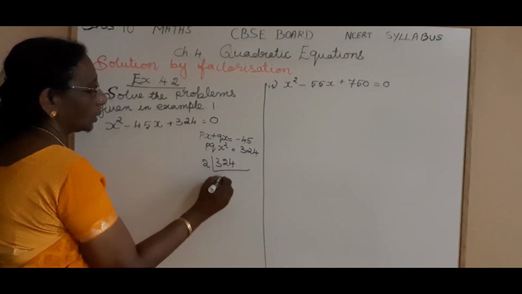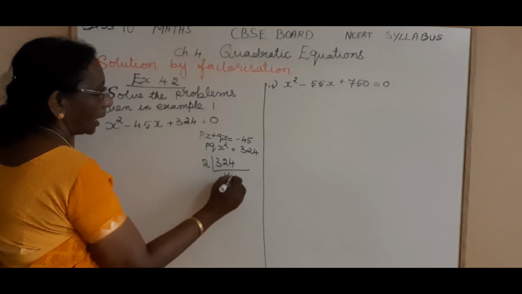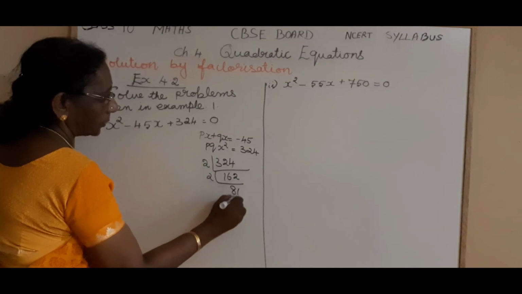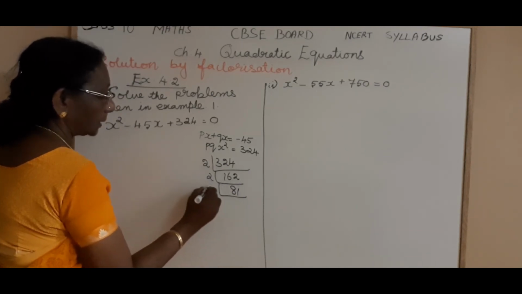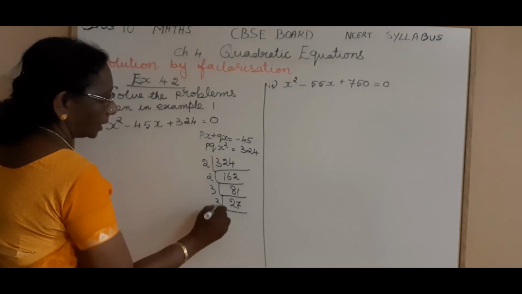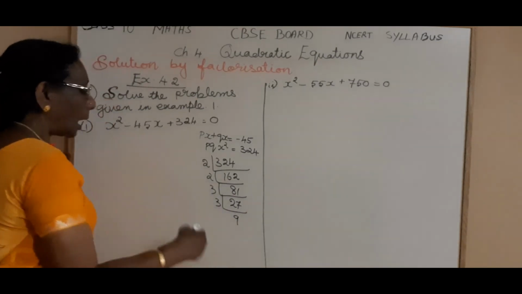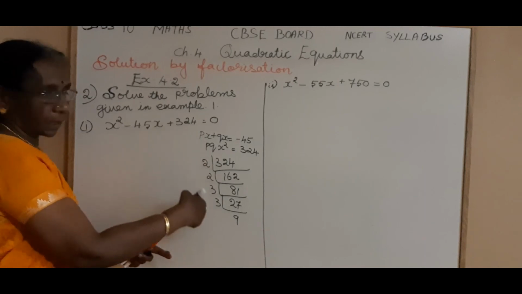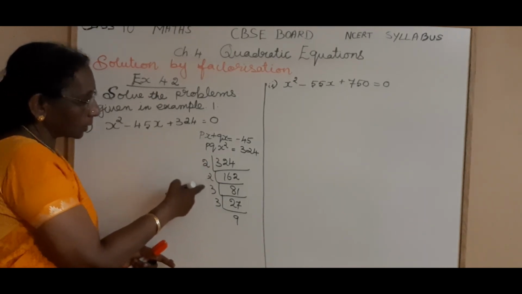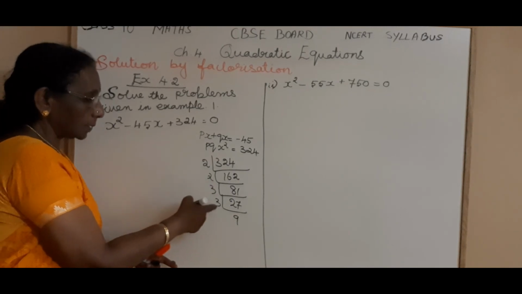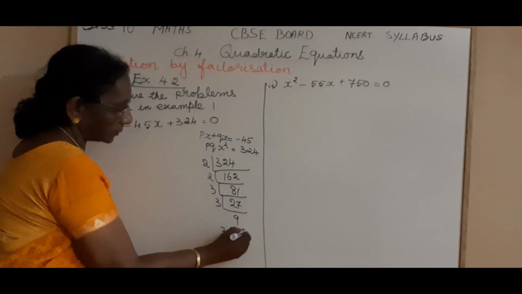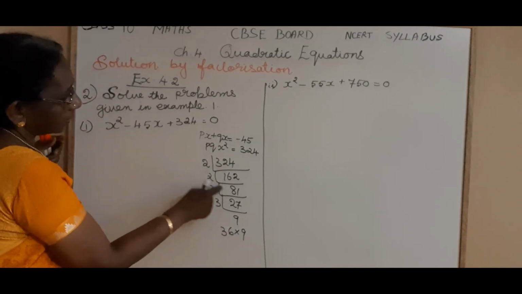Divide by 2, 162, and 2 twos are 4. Now again divide by 2, 81, and again divide by 3, 27, 3, 9. Now we just multiply the numbers. 2 twos are 4, 4 threes are 12, 12 threes are 36, and 9. 36 into 9. See here 81 and 4.